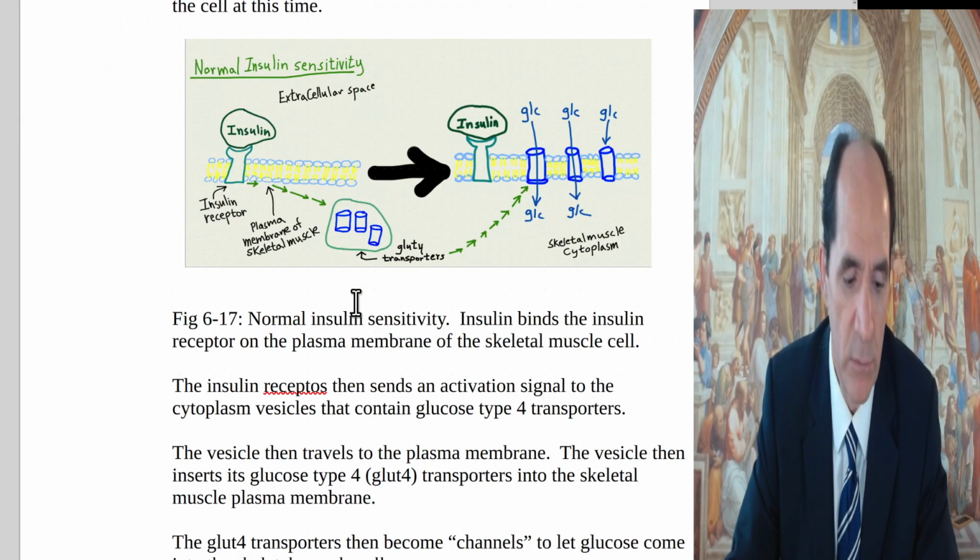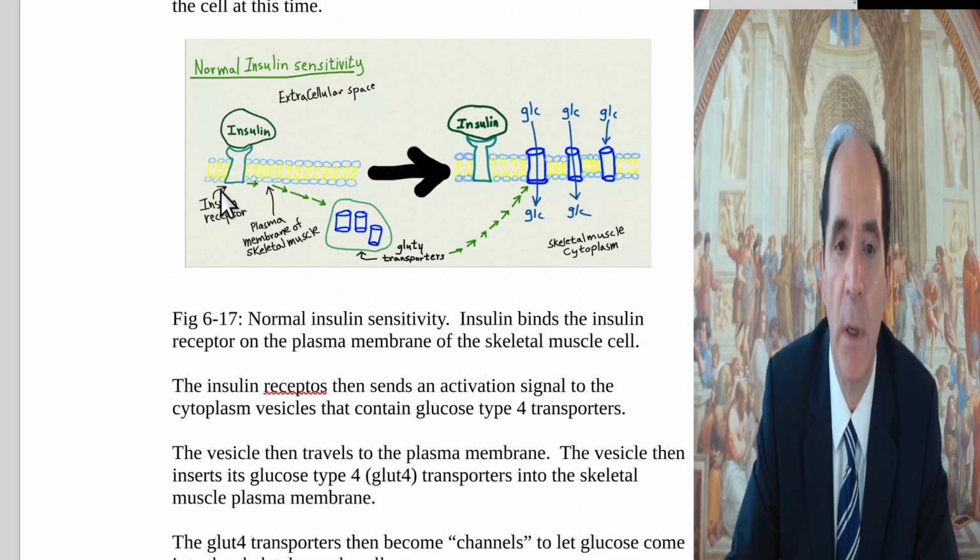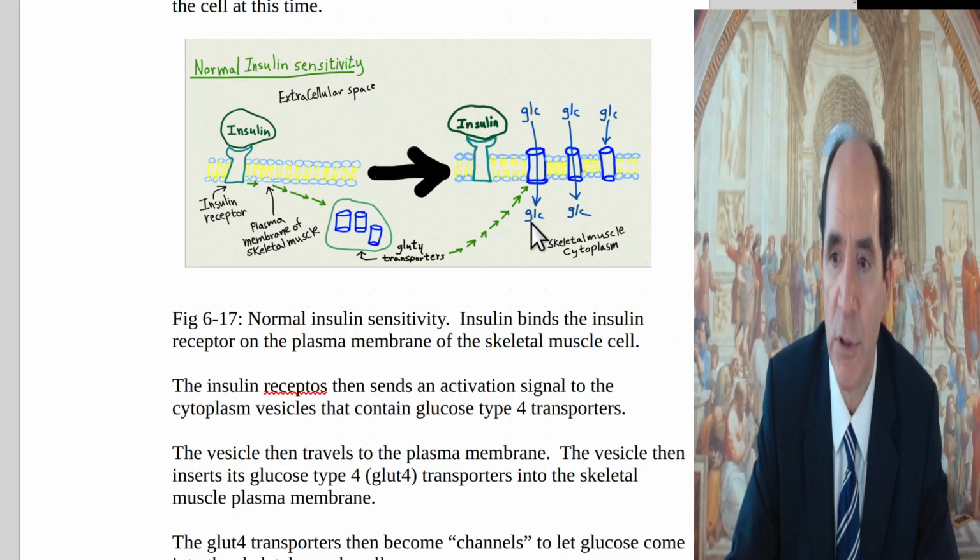Here's how insulin normally works. Insulin will bind to the receptor on the skeletal muscle cell, in the extracellular space. It comes from the blood. It then exerts an effect upon the skeletal muscle cell to cause the glucose type 4 transporters to travel from their cytoplasmic vesicles up to the plasma membrane, merge with it, and function as a channel to allow glucose to come into the cell.